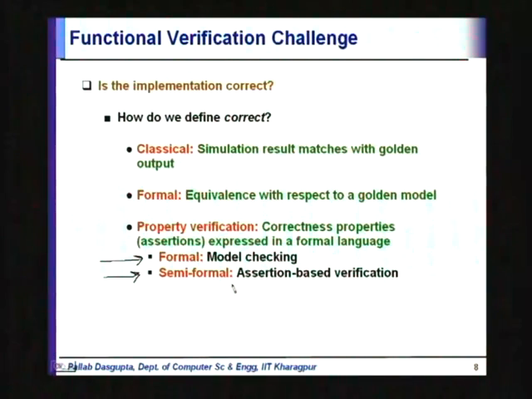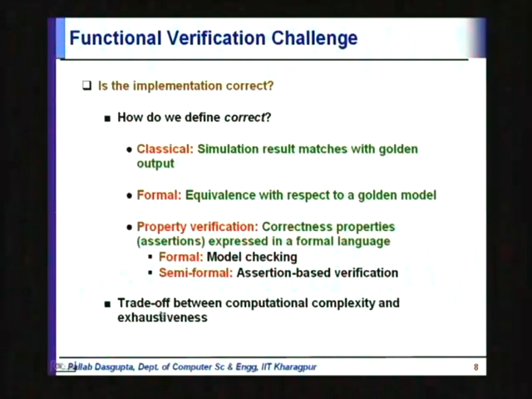So that's semi-formal, and there is a trade-off in all of these three between the complexity of doing this verification and the exhaustiveness. If you want 100% confidence, then the time complexity is going to be pretty high. If you want reasonable confidence, you can bring down the time complexity. So there is a well defined trade-off between these, which we are going to study.